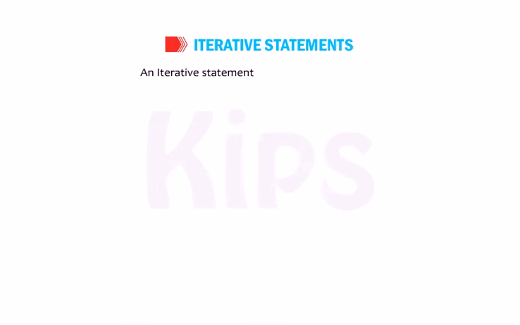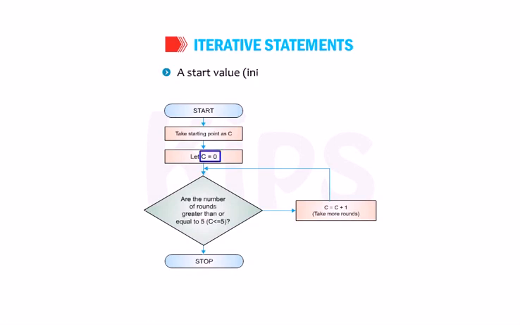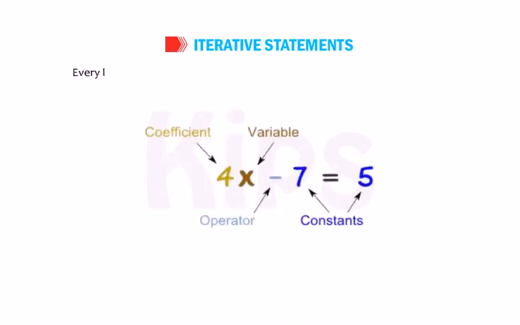An iterative statement is based on 3 values. A start value, that is initial value, example, C = 0. A test condition, example, C <= 5. A step value, increment or decrement, example, C = C + 1. Every loop works with the help of a variable known as the control variable.